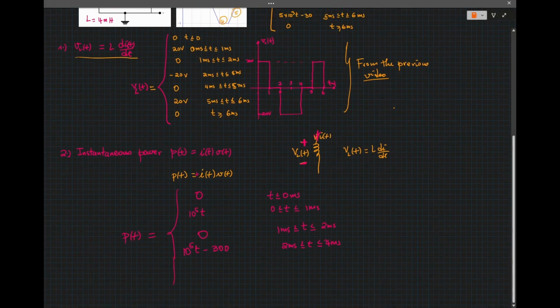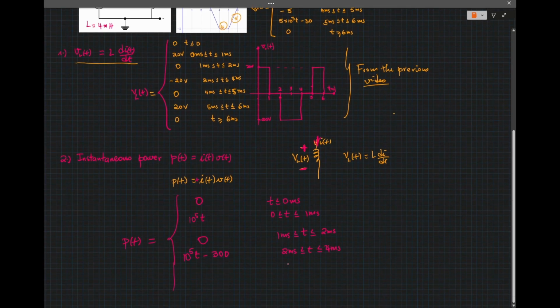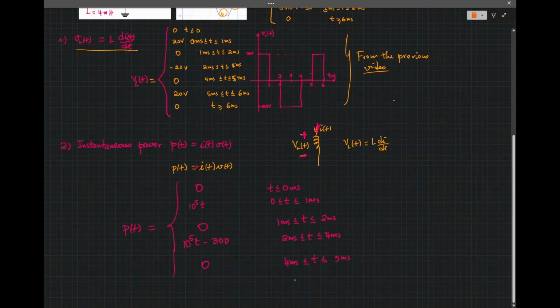And then the next one is from 4 milliseconds less than or equal to t less than or equal to 5 milliseconds. So we have negative 5 times 0, which is also 0. And then from 5 milliseconds to 6 milliseconds, what do we have?